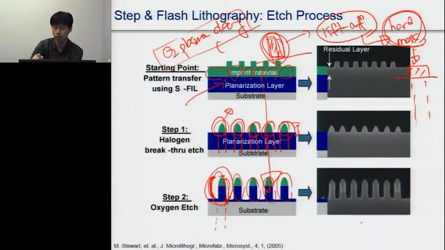This is an actual experimental result, and what we are seeing right now are field emission SEM images. This is after we complete the nano imprinting, and as you can see, there are some layers left between the actual transferred pattern areas.